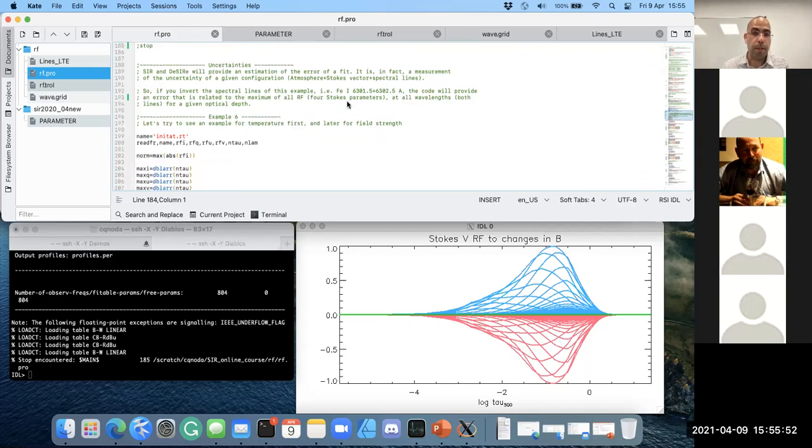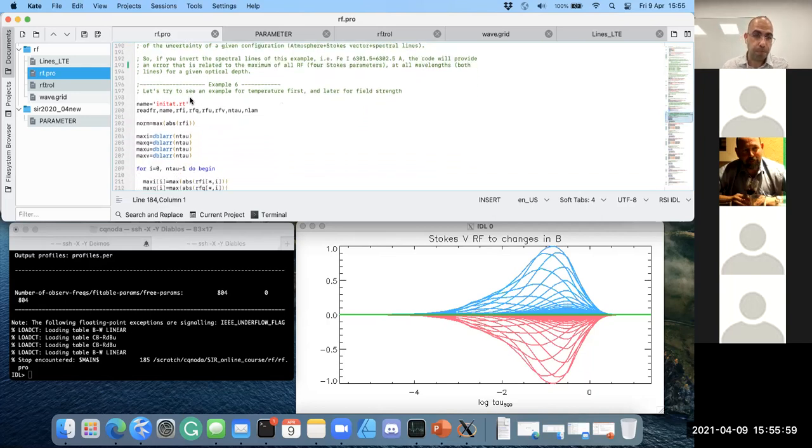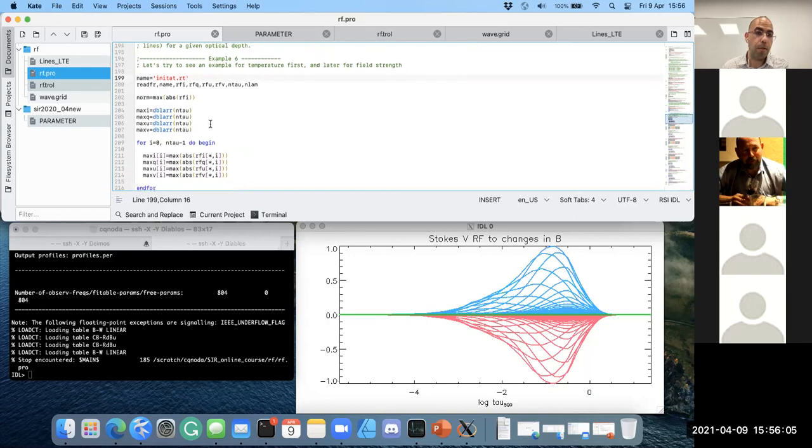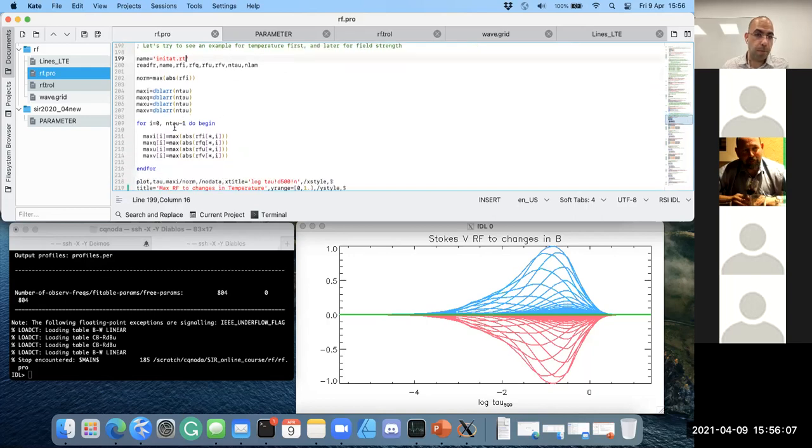So let's try it for this example again, the 6301, 6302 iron lines. And in this case, we are going to take the response function to temperature. So we read it, and just for purposes, I'm going to normalize it again.